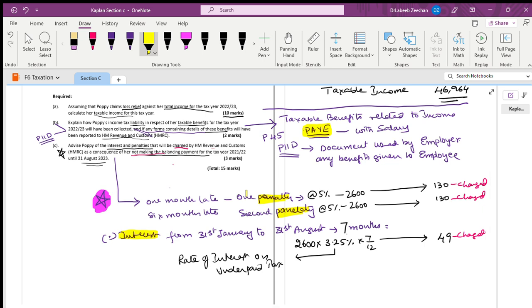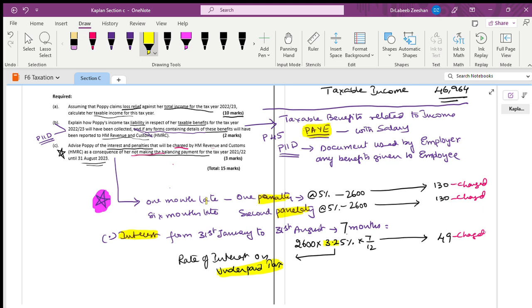There are two things here. The first one is you are charging on the interest. You earn the interest and you have not paid. If you have earned the interest and you have not paid, you have underpaid tax. This is the penalty for underpaid tax.